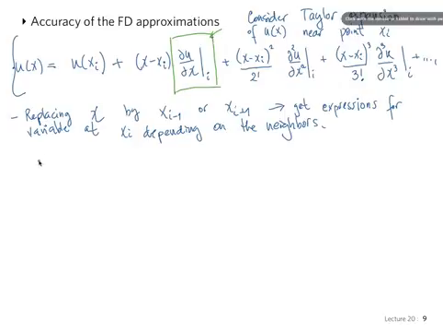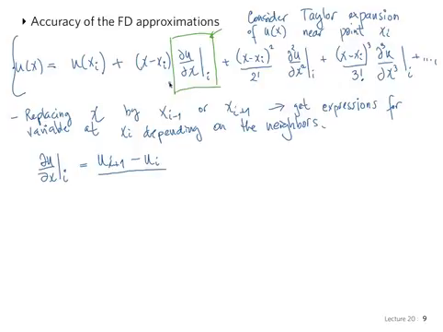So I'm going to write du/dx at point i is equal to, now using x_{i+1}, u at i+1 minus u_i divided by x_{i+1} minus x_i from here, minus all of these terms. But these terms are also divided by x minus x_i. Remember, we divided the whole equation by x minus x_i.